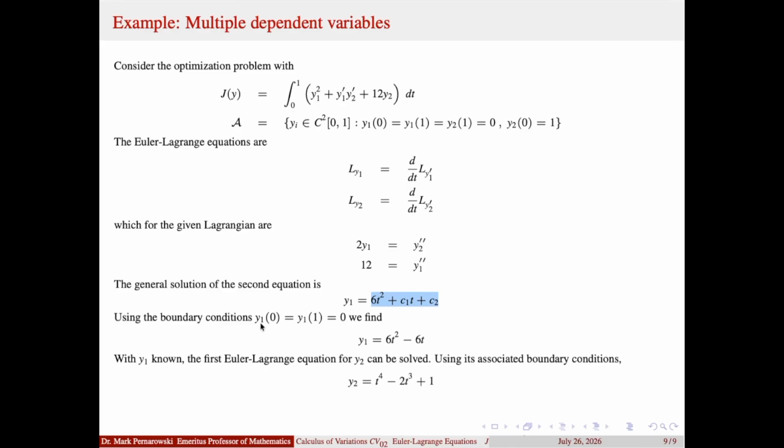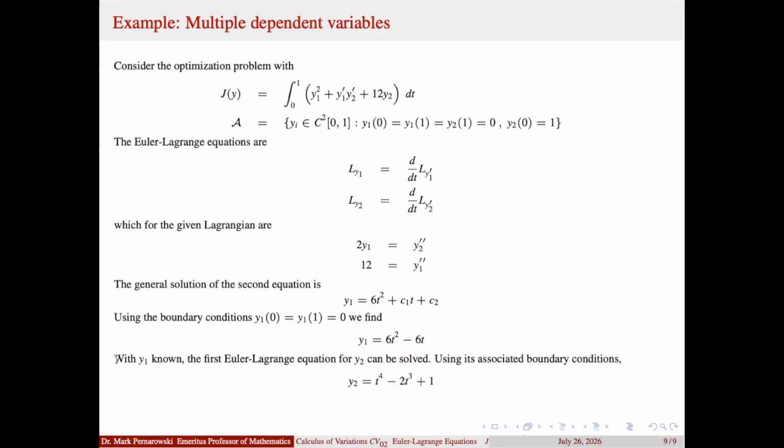So then I use the boundary conditions. y1 of 0 is 0, and y1 of 1 is 0. And when I use those two conditions, I find out that this constant is -1 and this constant is 0. So that y1 must be this expression.